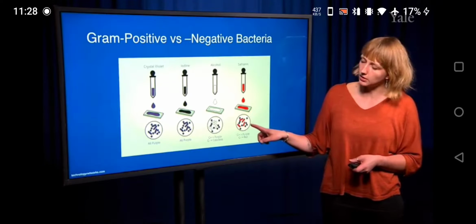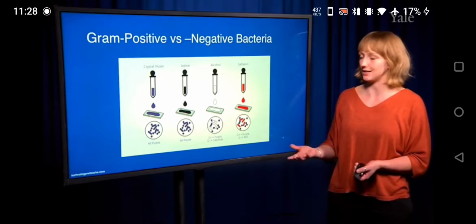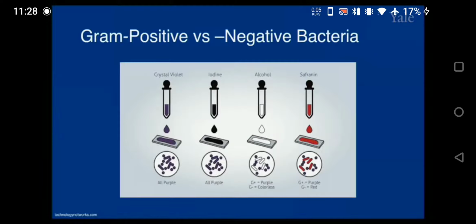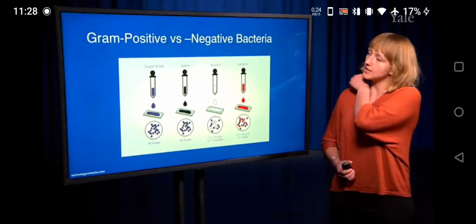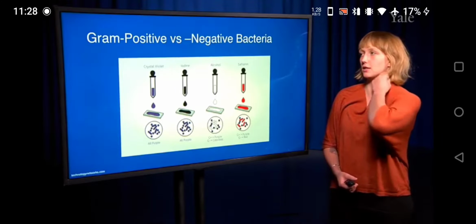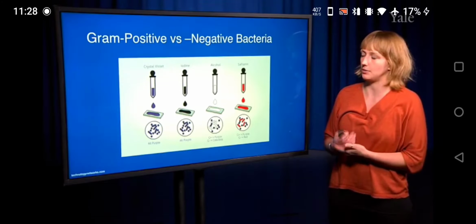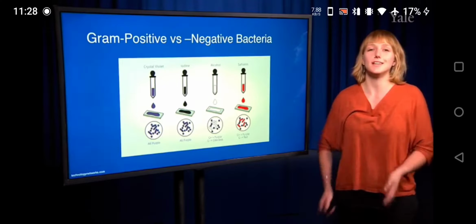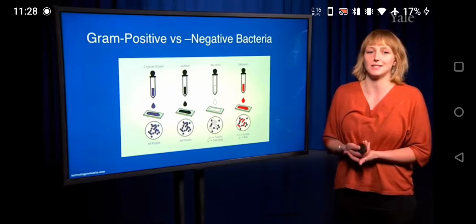So these circular guys are purple and they're gram-positive. And then the gram-negative bacteria come up as red or clear depending on the stage of this test. And this is how the different bacteria are classified as gram-positive or gram-negative.